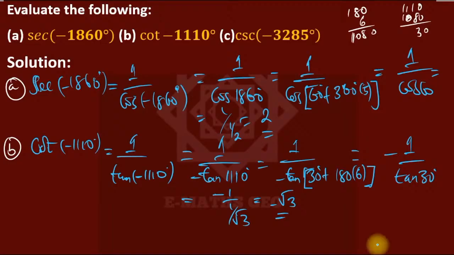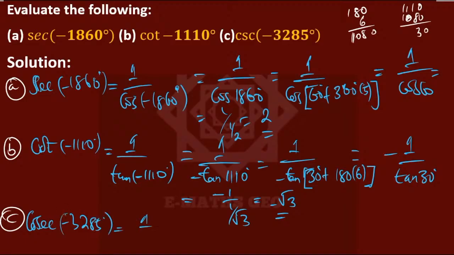So the last one, we have cosec minus 3285.